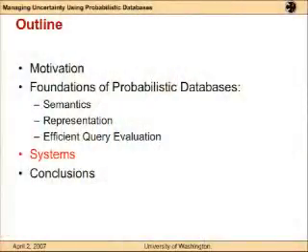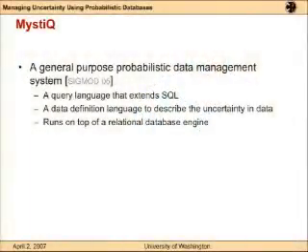So far I showed you the theory behind a probabilistic database. Let me describe some of the systems that we built and our experiences with them. One of the systems that we built is called Mystic. It's a general purpose probabilistic database system that allows you to store probabilistic data and query it. It has a query language which is SQL, but extended with a few operators to allow similarity predicates.